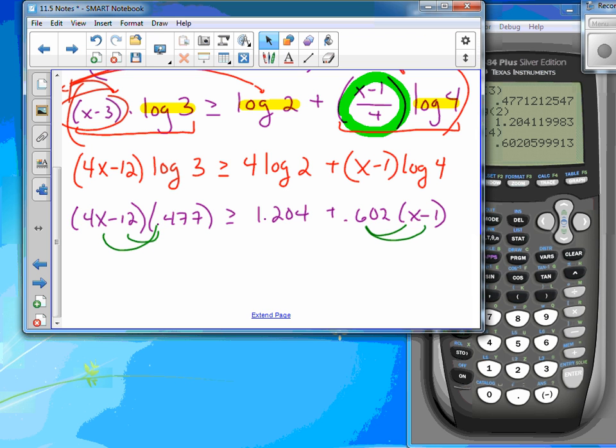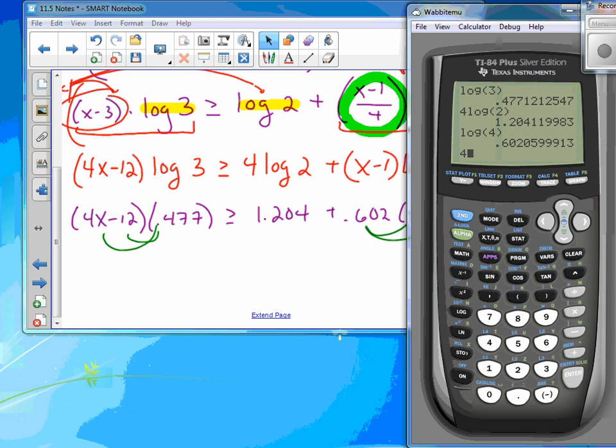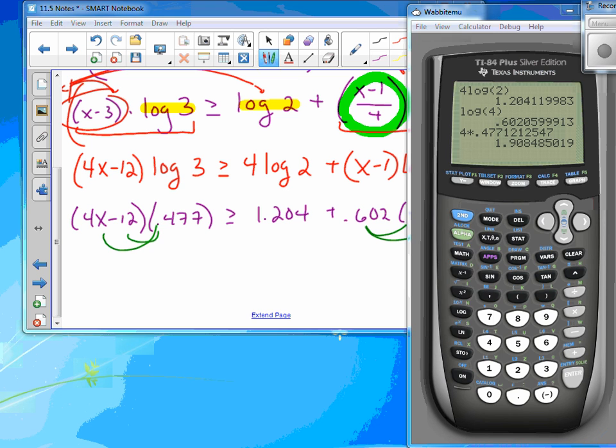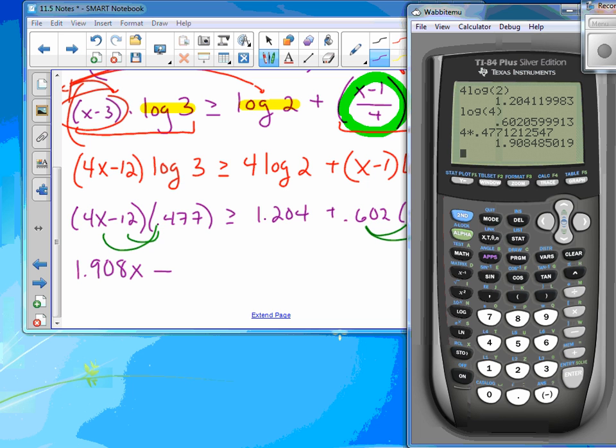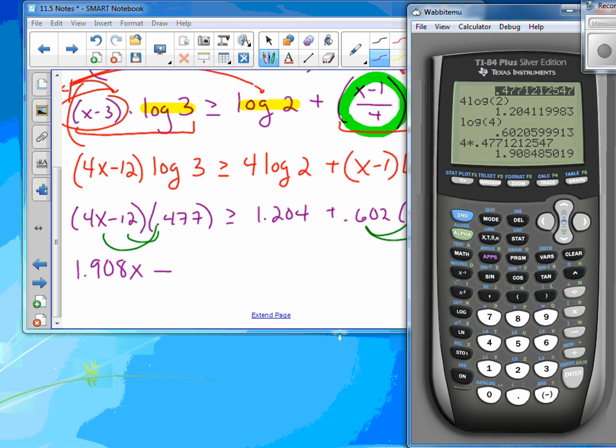So 4 times 0.477 is 1.908. So 1.908x minus 12 times same value is 5.725.